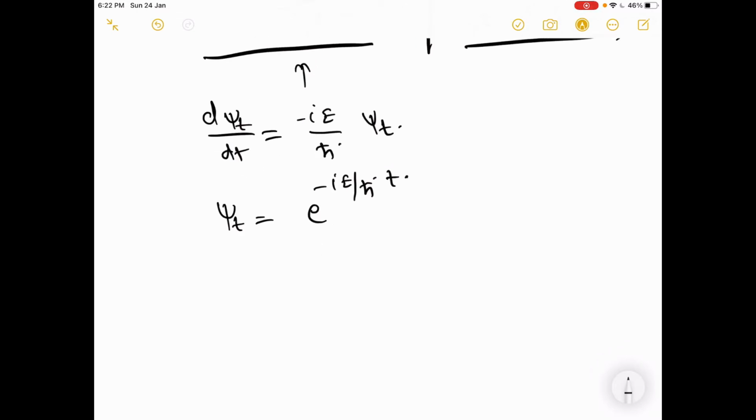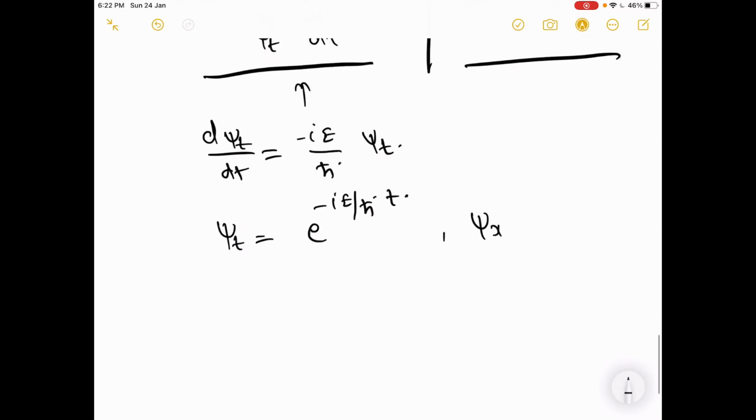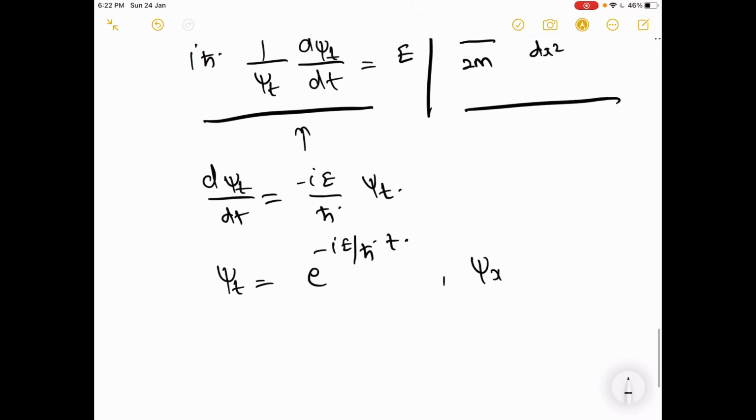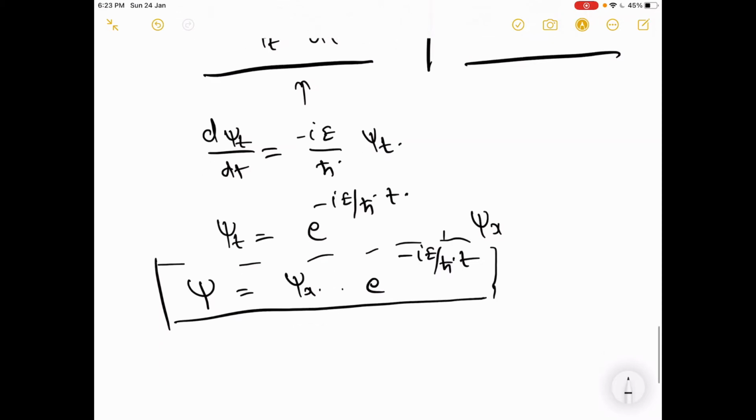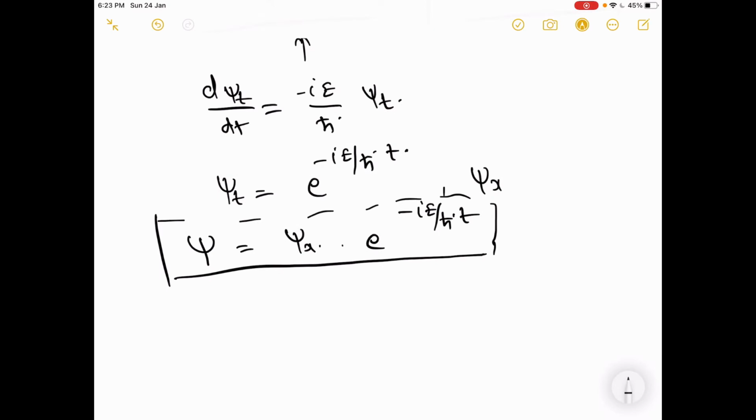And psi x is the solution on the right hand side, which I don't know yet. So the total solution psi will always turn out to be psi x, the spatial or time independent component, into e power minus IE by h bar into t. This is the most common way of writing the solution.